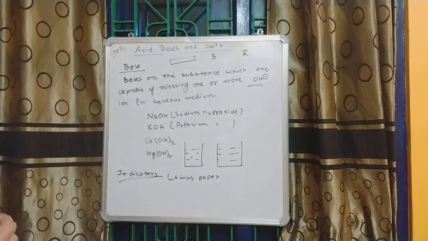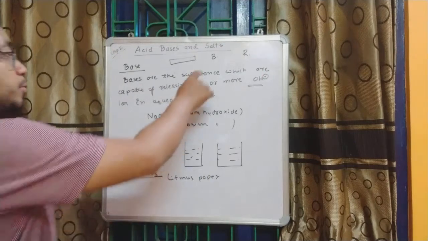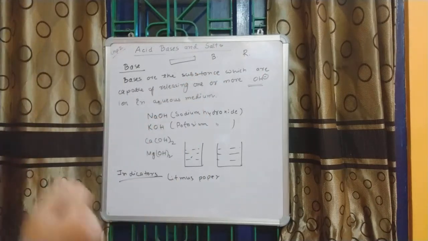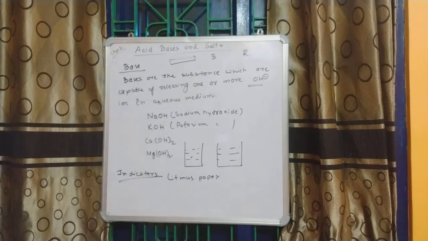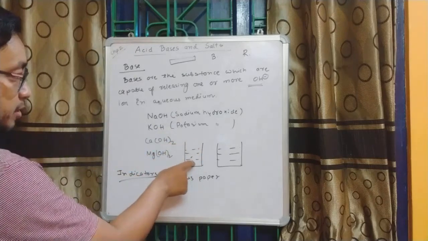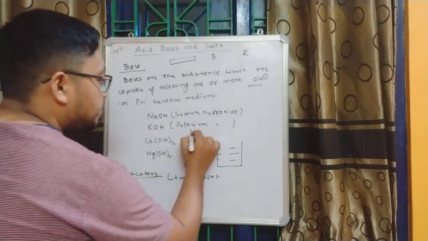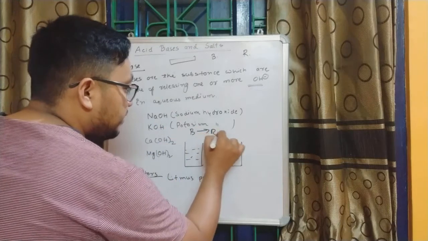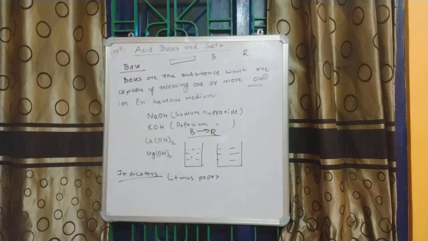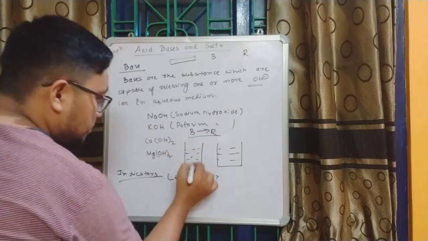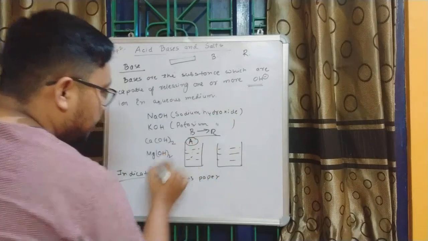Say you have picked one blue litmus paper, and you dip it in this solution. If the color changes from blue to red, then it is an acid, because acid changes blue litmus paper into red. So this beaker contains an acid.